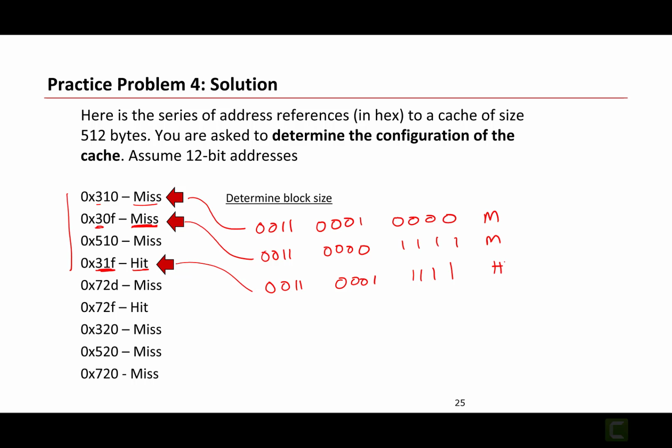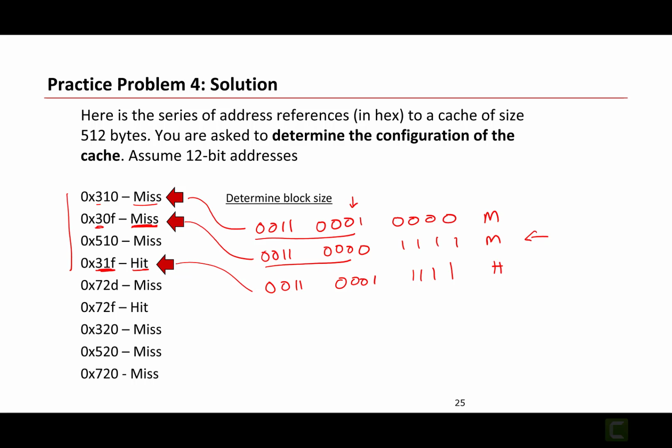Now you will notice that the prefixes for the first 2 addresses are the same, except until this point. After that, they diverge. So given that the second access is a miss, it clearly means that the second address is not part of the same block as the first address.